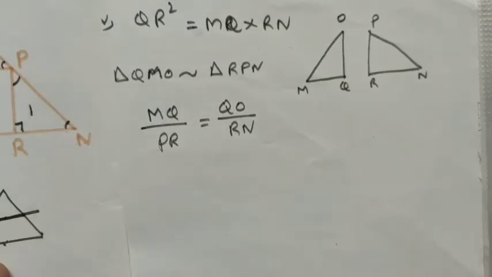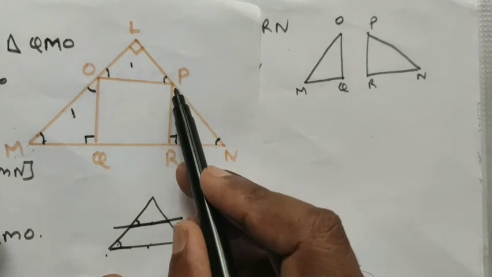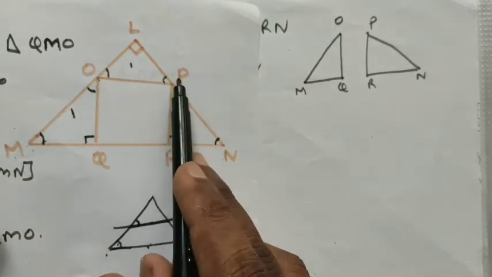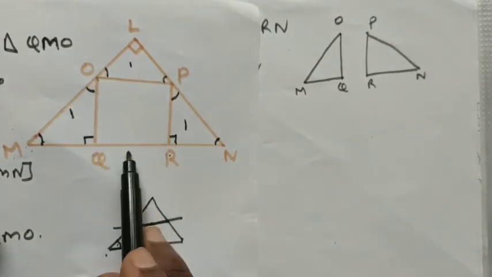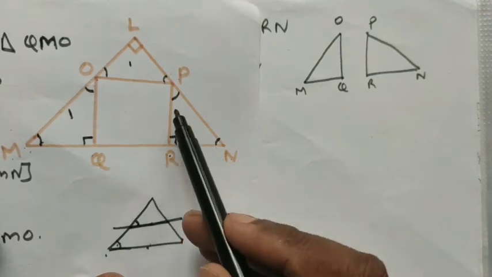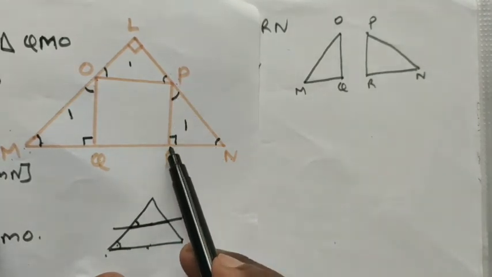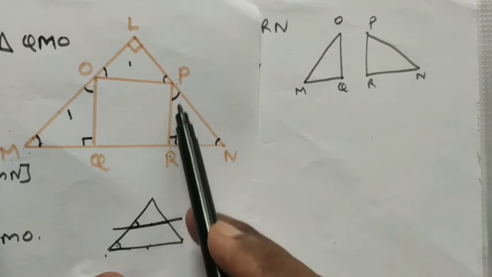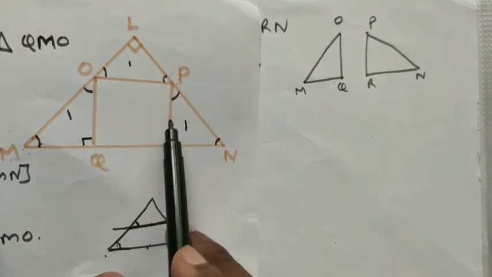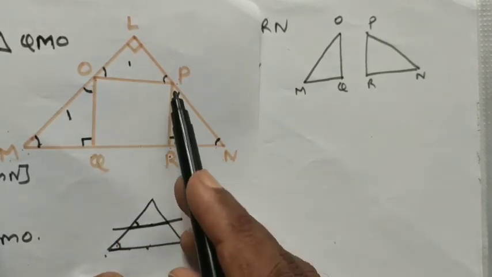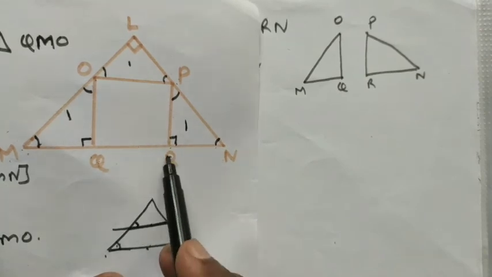Here see that PR is nothing but, OPRQ is a square, that is given in your question, right? So PR is nothing but QR. PR is equal to QR because all the sides are equal in a square. So in place of PR I am going to apply QR.